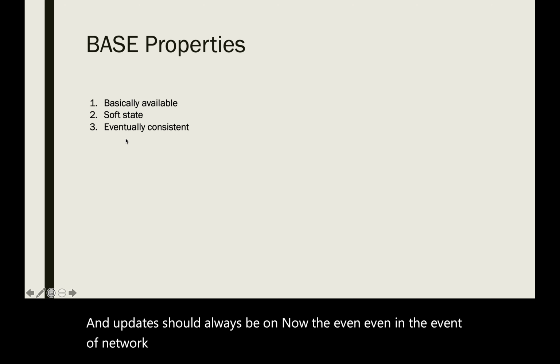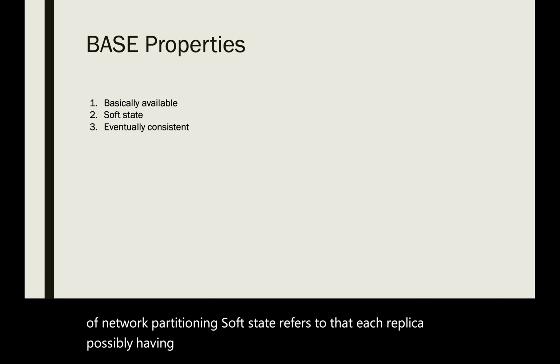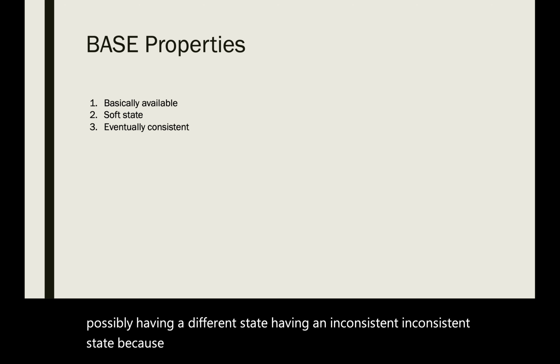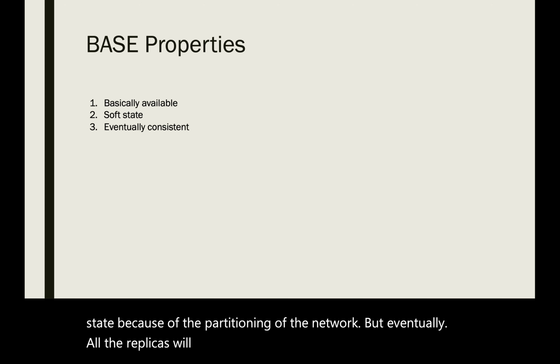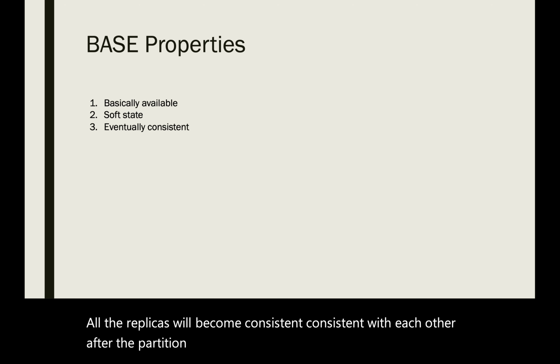Soft state refers to each replica possibly having a different, inconsistent state because of the partitioning of the network, but eventually all the replicas will become consistent with each other after the partitioning is resolved.